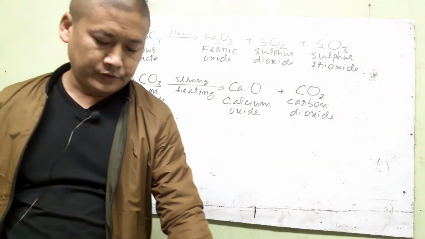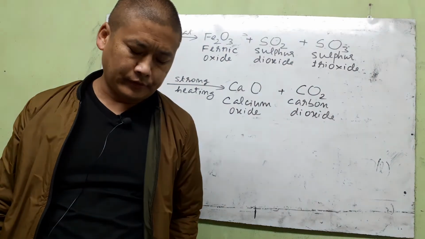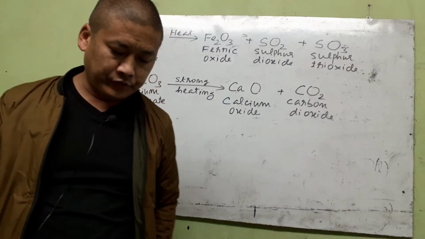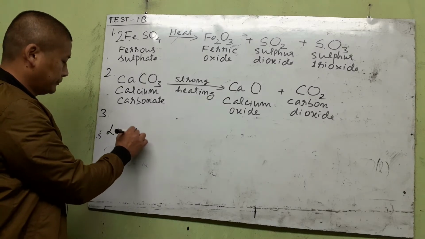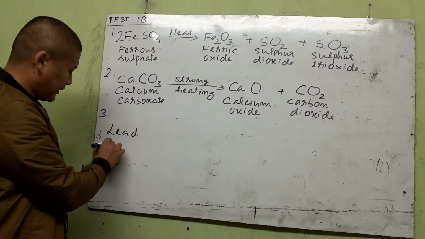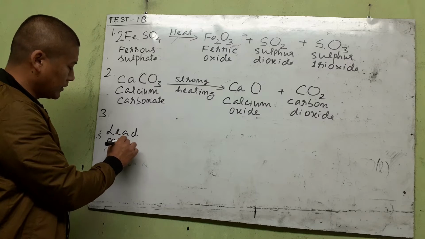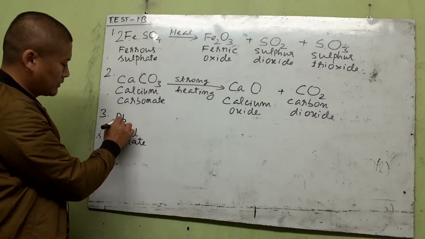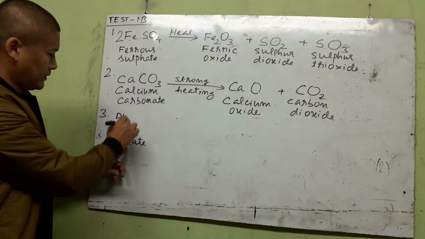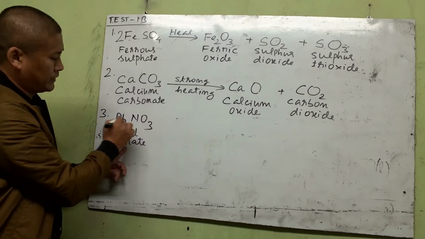Lead nitrate decomposes on heating to give lead oxide, nitrogen dioxide and oxygen. So lead nitrate. Lead ion is Pb2+, nitrate ion is NO3 1-.